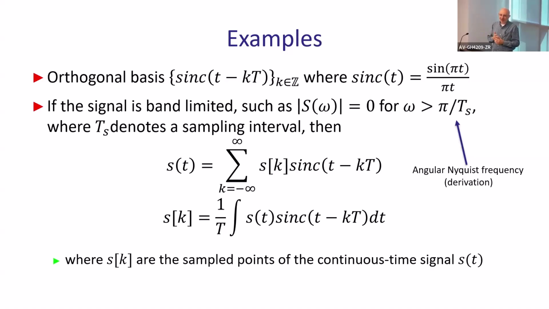This is what the Nyquist frequency is: half of the overall frequency band that you have. So why is that thing related to the Nyquist frequency? It's just a conversion to omega. If you remember, 2 pi f is omega. It's just proportional to 2 pi, and this is how you get to that.